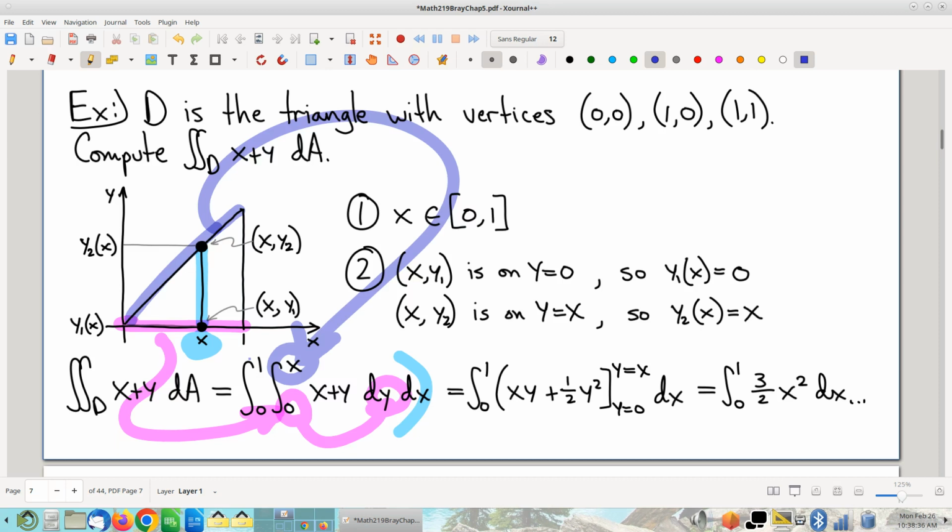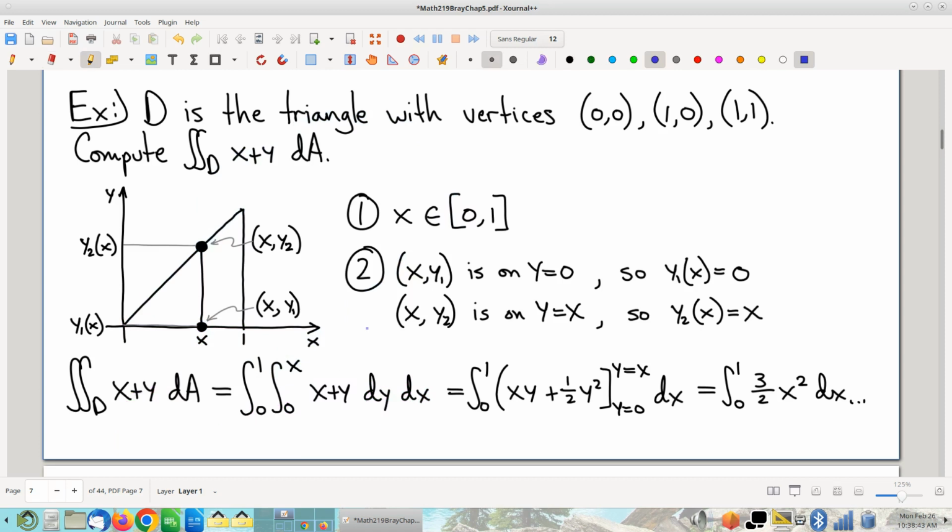Could you also do the bound for x to 1, or is that a different thing? That's a very different thing. So let's just write that down. If we are looking at this value of x, and now let's think about what would happen if y went from x to 1.